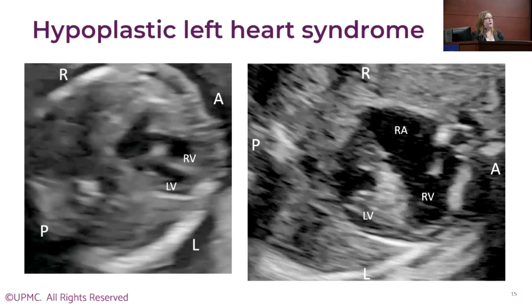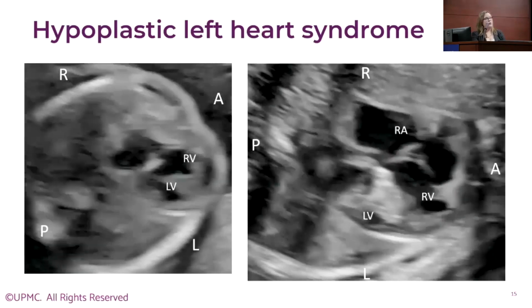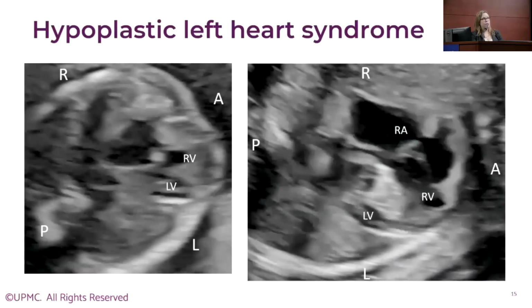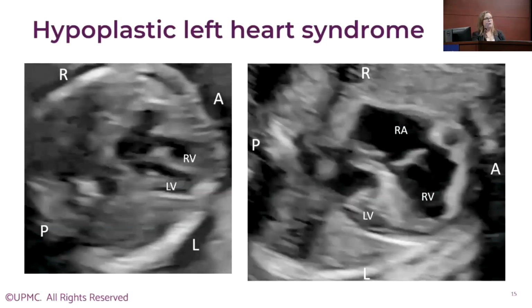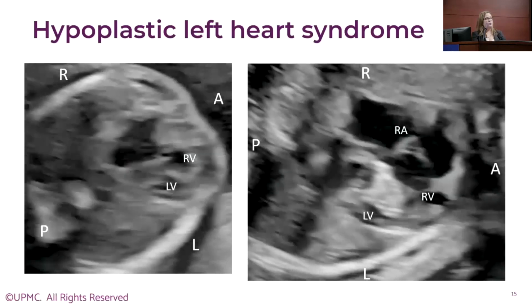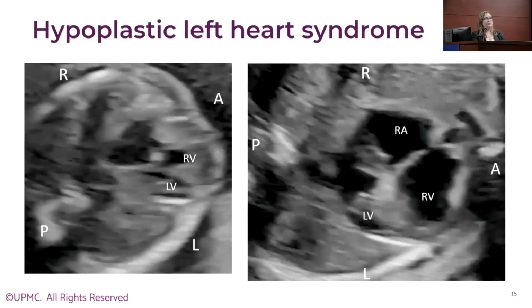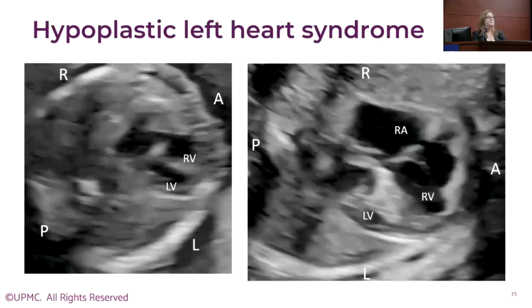The example on the right is of mitral stenosis with aortic atresia, where there is a very hypoplastic and poorly mobile mitral valve visualized, a hypoplastic but notably hypertrophied left ventricle with the endomyocardial fibroelastosis that's been discussed. Also of note, the right ventricular function is abnormal in this fetus.